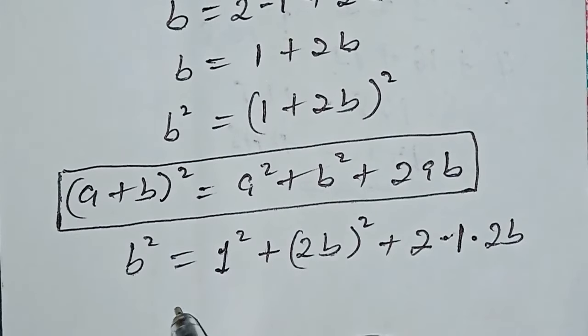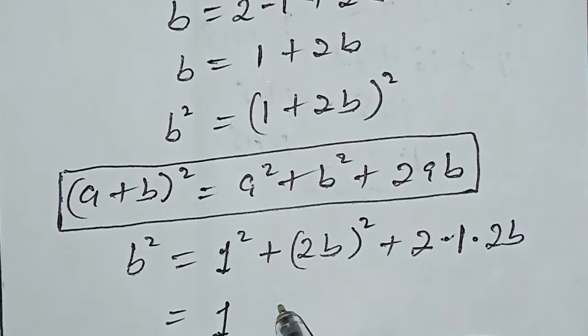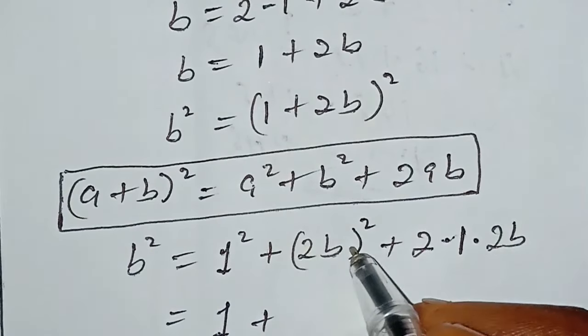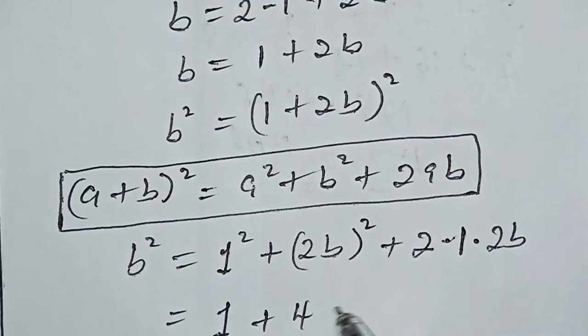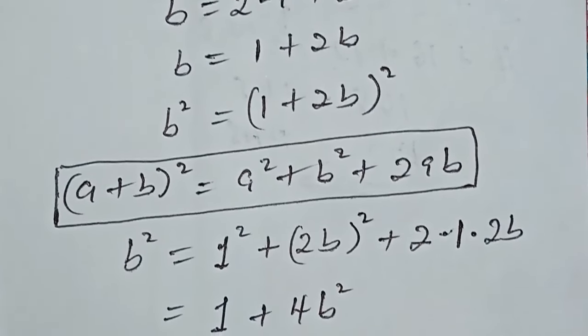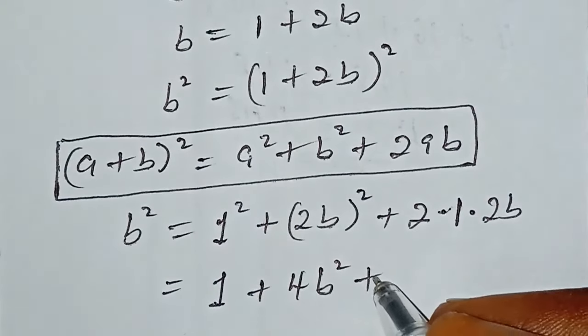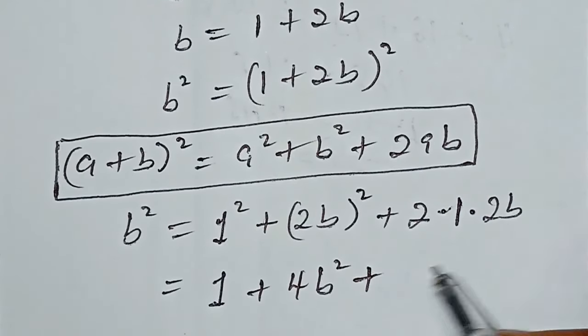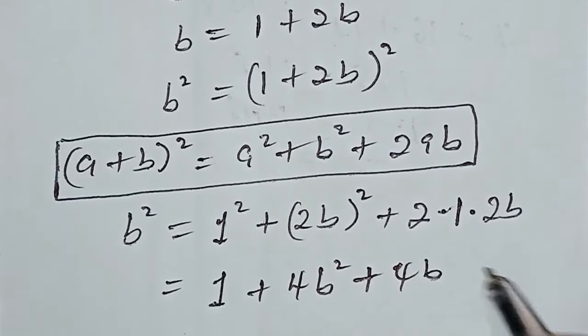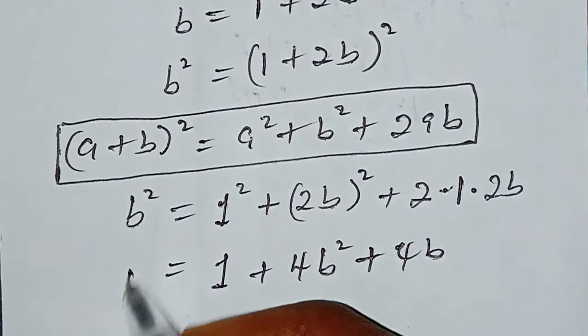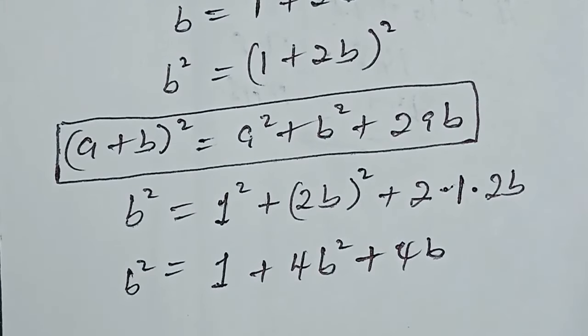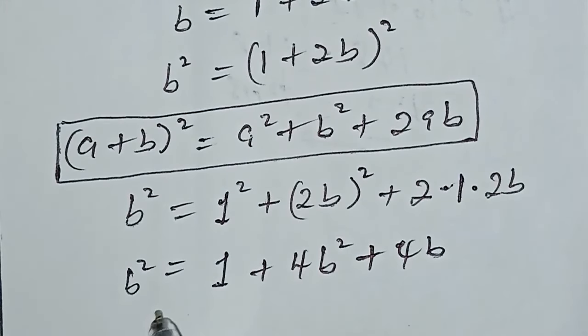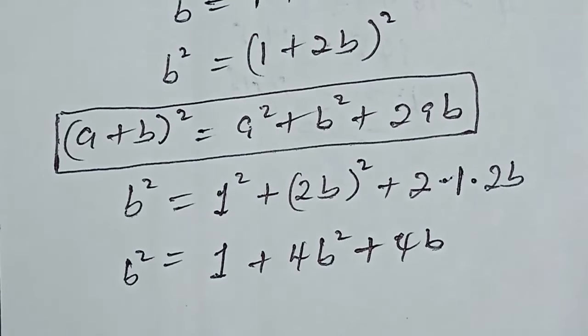So from here, we can write this as 1 plus the square of this, which gives us 4b squared, plus 2 multiplied by 2, which gives us 4b, and that will be equal to b squared. So from here, we can move everything to one side, equating all to 0.